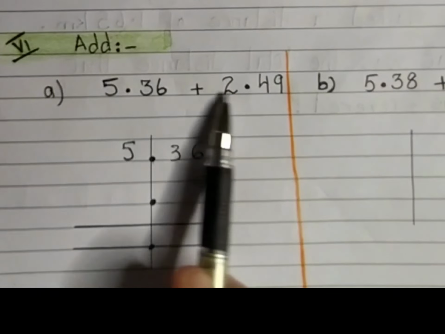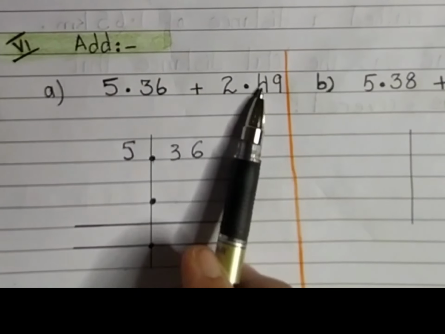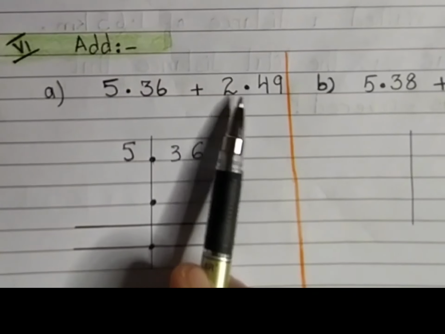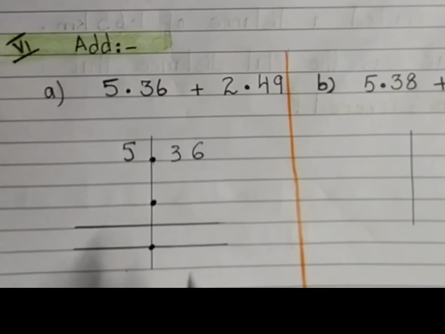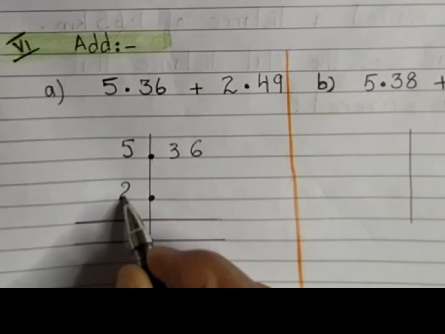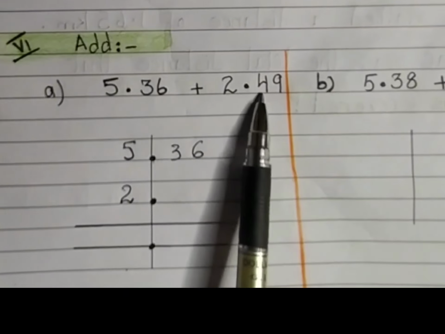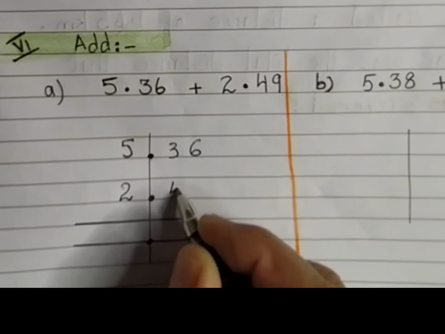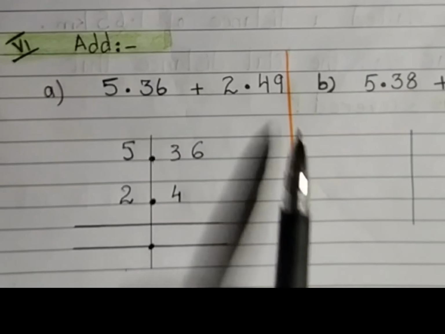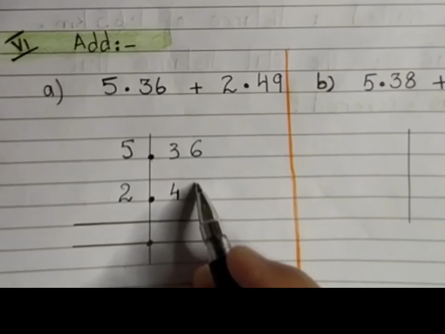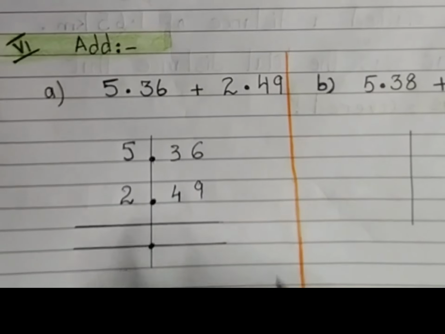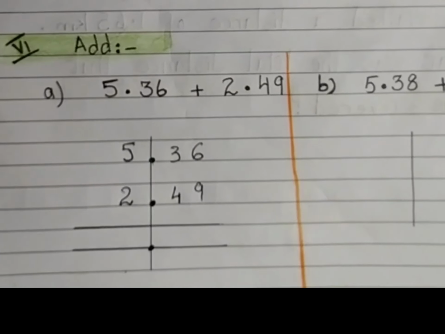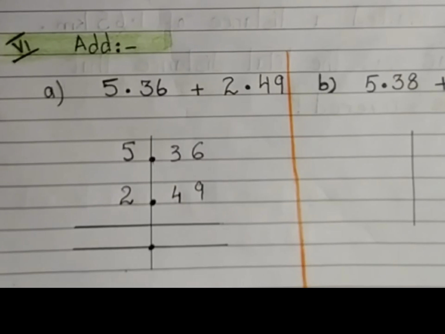Then we have the next numbers. 2 is a whole number which is before the decimal point. So I'm going to write down 2. And in my 10th column, I have 4 given here. And in the 100th column, I have 9 given here. What is it, by the way? It is an addition sign. Okay, so I'm going to write down the addition sign there.